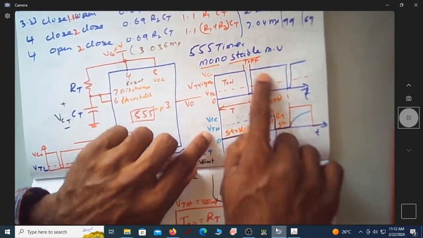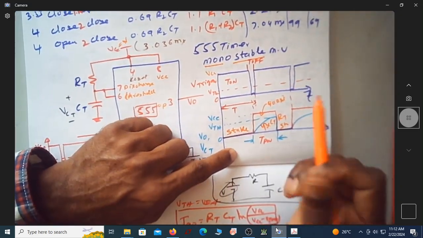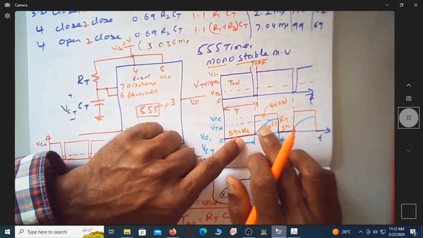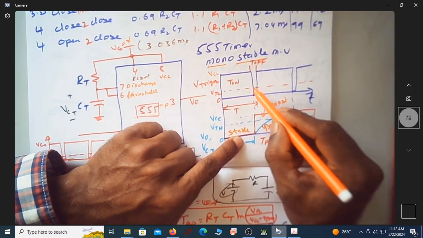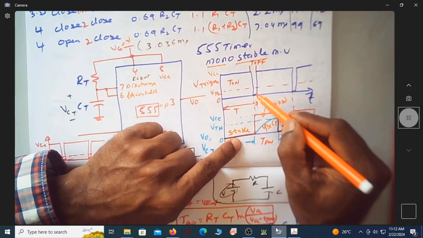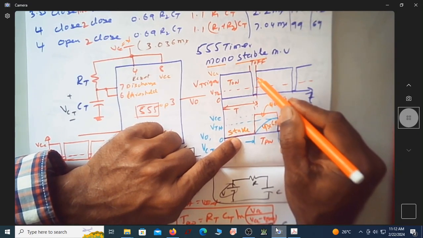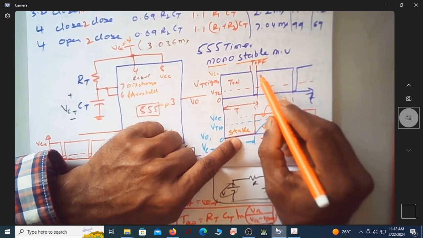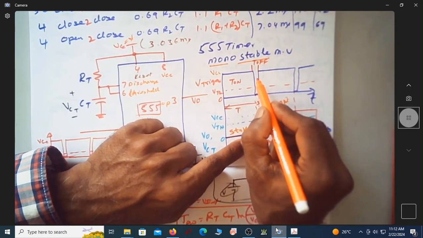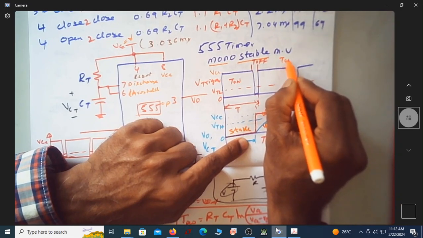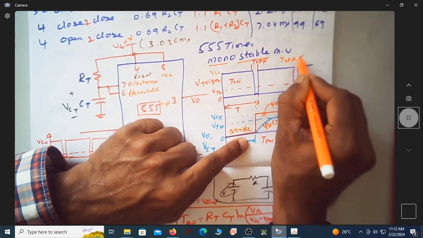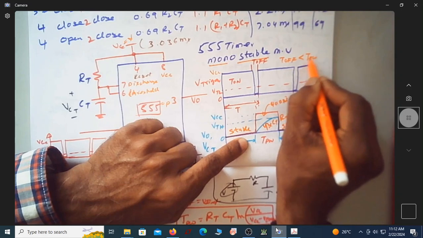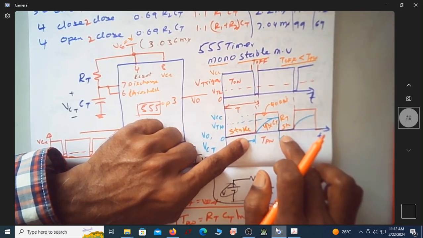Let us come to this timing diagram. We know that this trigger signal goes low, less than VTL, for a very small duration, and immediately goes back to the high state. That is a requirement, meaning this T off should be less than TPW of this monoshot.